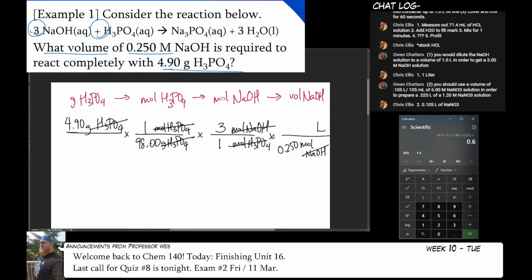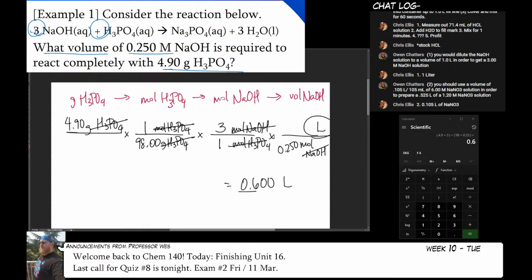There you go. And so what are the units that are left over? Well, it's going to be this, right? So I would need 0.6 liters to completely neutralize the 4.90 grams of phosphoric acid.